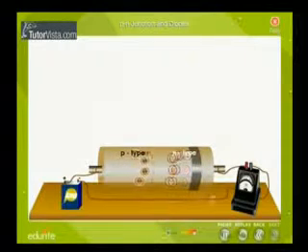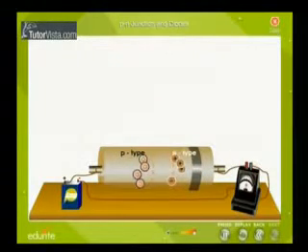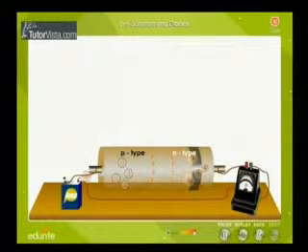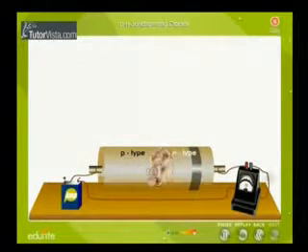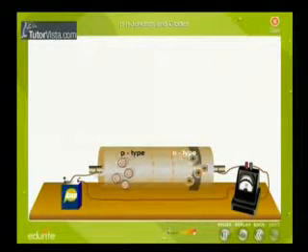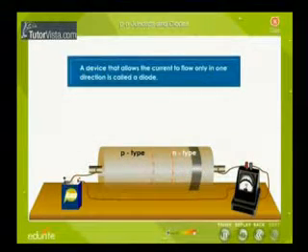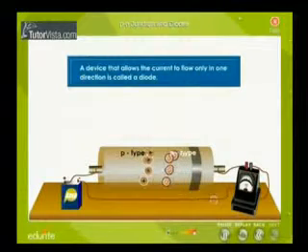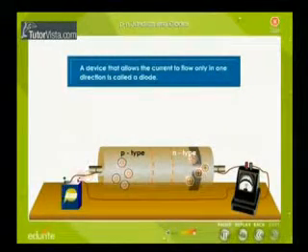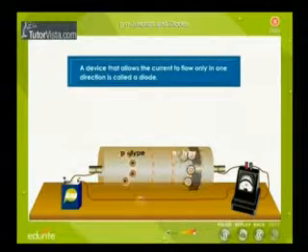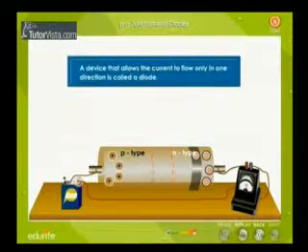Holes travel to the right and electrons to the left, constituting a current in the same direction. Thus, the PN junction allows current carriers to flow through it if the junction is forward biased. A device that allows the current to flow only in one direction is called a diode. Thus, PN junction can be described as a diode.